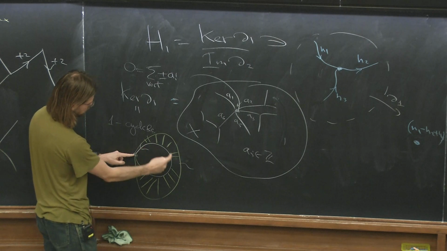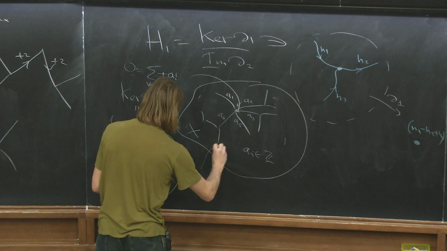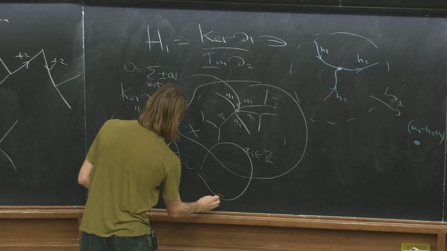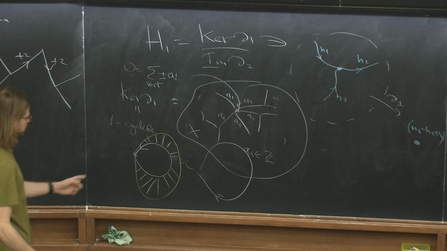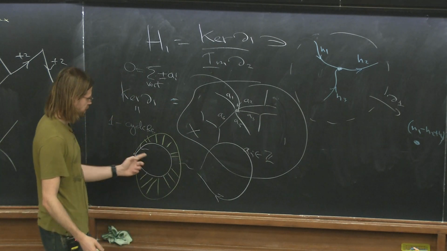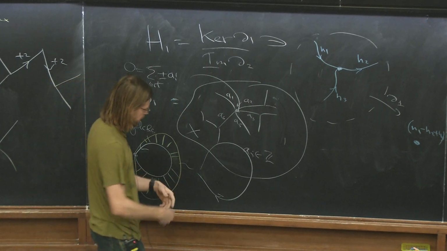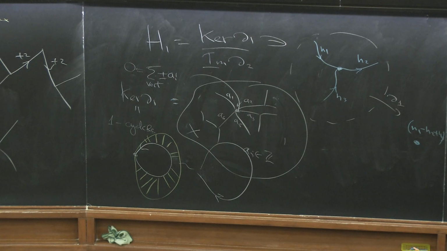One part will be your original cycle here, and the other part of the disk will be your new cycle. So this will give an equivalent cycle. Basically, the pair of cycles, particularly the equivalent ones, together form a boundary of some disk which maps inside your topological space.